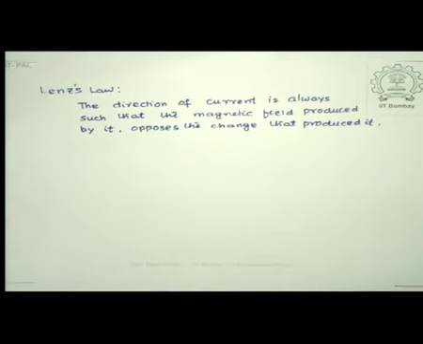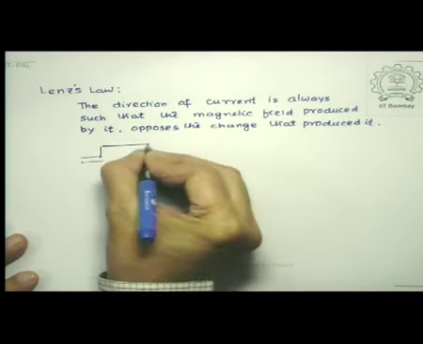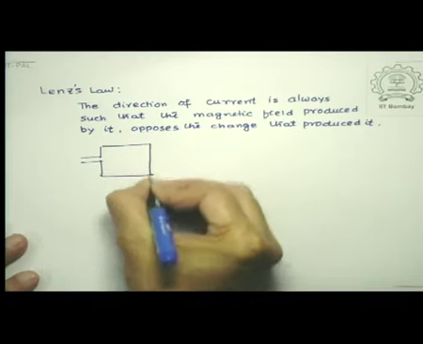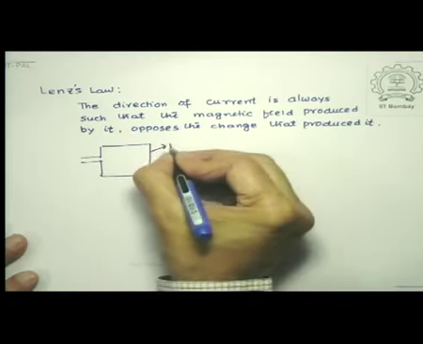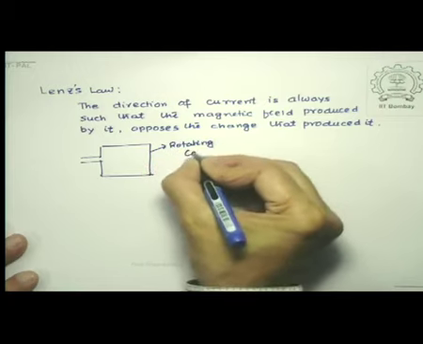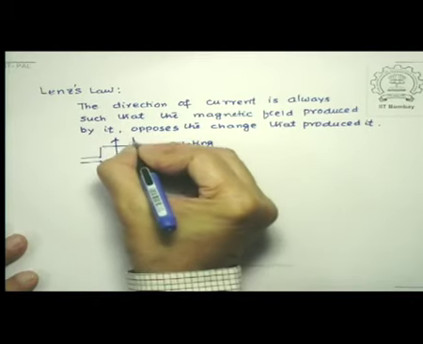Let's push this idea a little further. Supposing we have a rotating coil in a uniform magnetic field. So I will just give you a schematic diagram. I have a coil which is rotating in a constant magnetic field. So this is the rotating coil. And let's suppose this is the direction of the magnetic field, which is uniform.